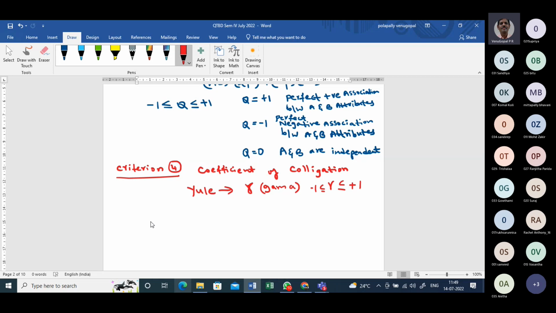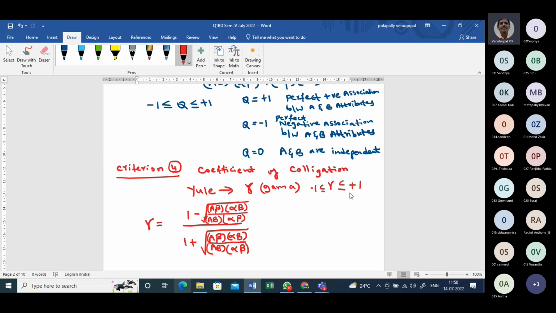Only thing is, he is giving the formula as gamma is equal to 1 minus root of Aβ into αB divided by AB into αβ, over 1 plus root of Aβ into αB divided by AB into αβ. So this gamma value should be -1 to +1.